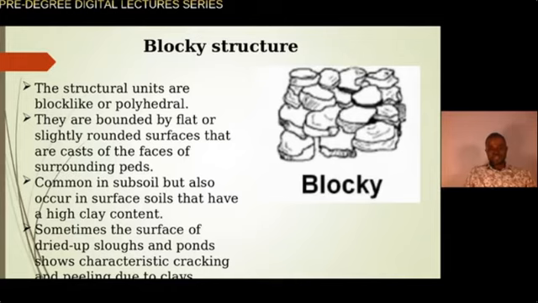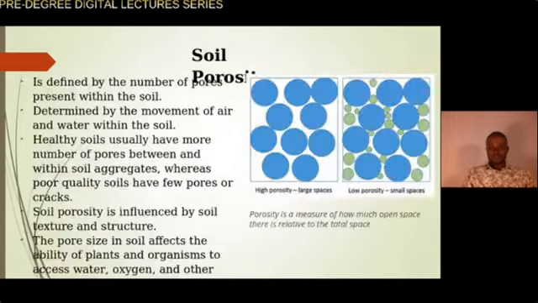These structures are common in soils that are high in clay content. Sometimes the surface of dried up slugs and ponds shows characteristic cracking and peeling due to clay. This is a typical characteristic of a blocky structure of soil.